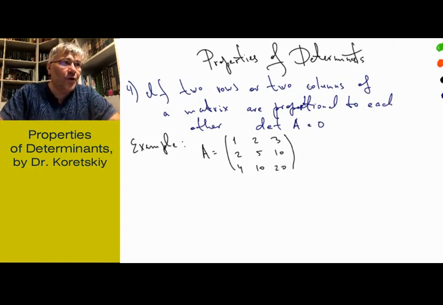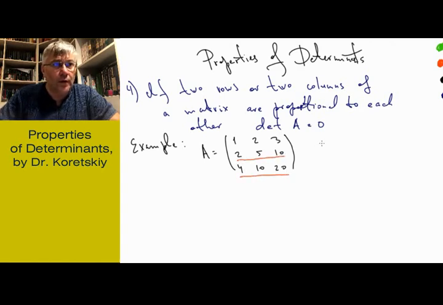So you can notice here, I use the other ink, for example red one. You can notice that row 2 and row 3, you can express row 3 as row 2 times 2.